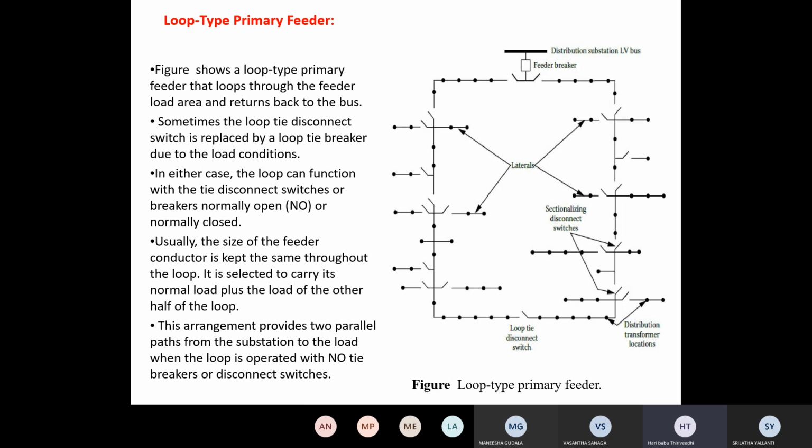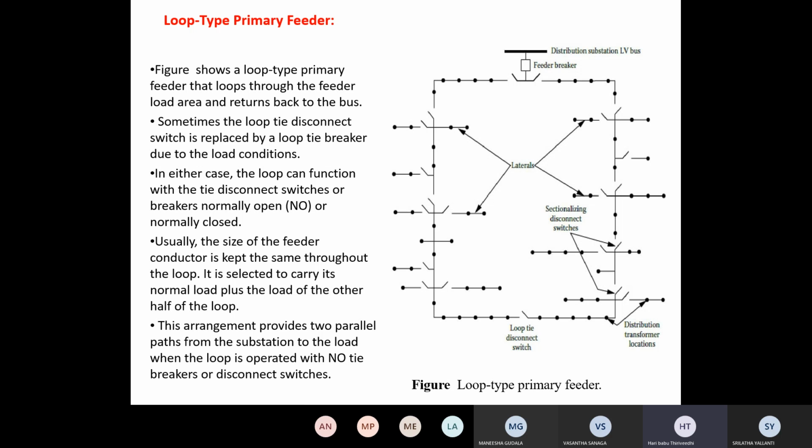Generally, for every section there are extra, separate feeders also, so we have to provide an extra tie breaker for the separate feeders like this. In addition to the main feeder loops, normally open laterals are also used.